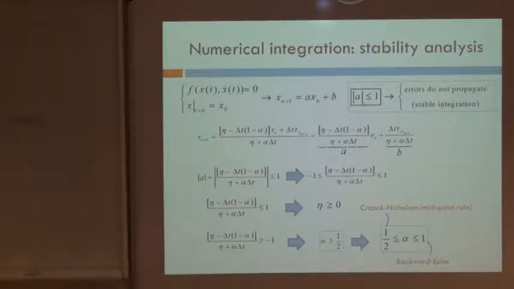I just operate on that and say eta minus delta t plus alpha delta t is smaller than eta plus alpha delta t. This cancels, and the first one is eta.